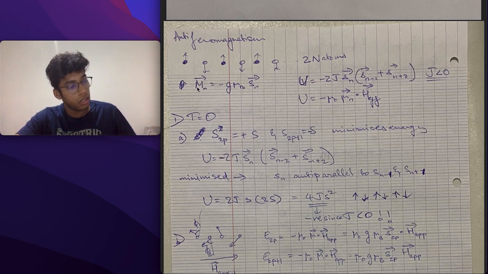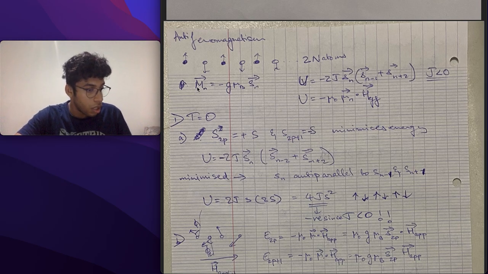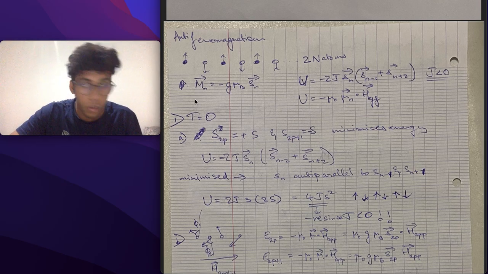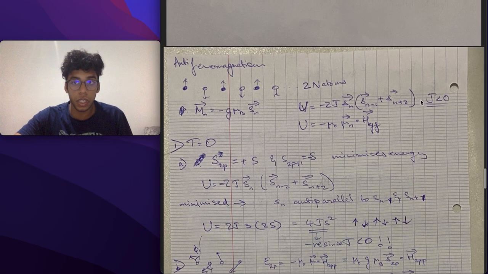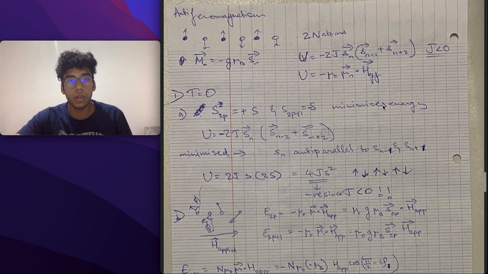U is your exchange energy, and the J factor that we talked about earlier is less than zero, which means it's negative. So you see the idea of minimum energy is actually not to be misled by this minus sign here; it's actually positive.